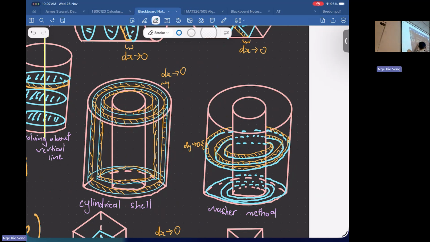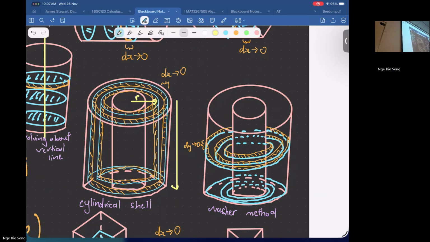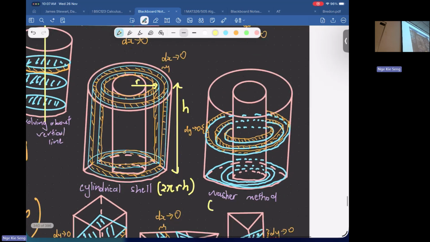So you have 2 pi, the radius, and then you have the height. For the washer method, you just have pi r out squared minus pi r in squared.